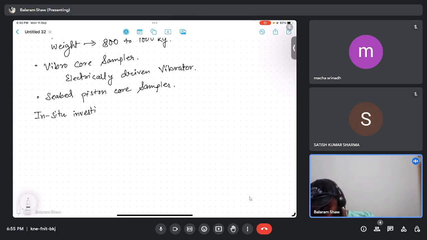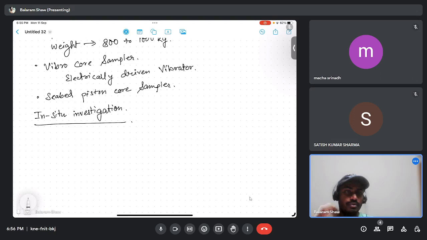Mostly, whatever tests we do for geotechnical investigation at deeper depth, we use the tests that we have done in the onshore investigation. What tests have we done for geotechnical investigation at deeper depth in onshore investigation?